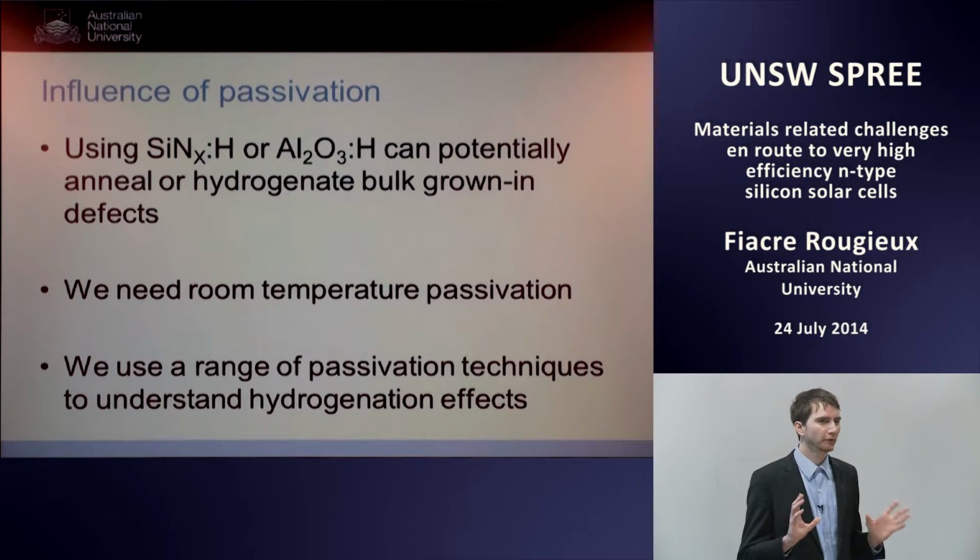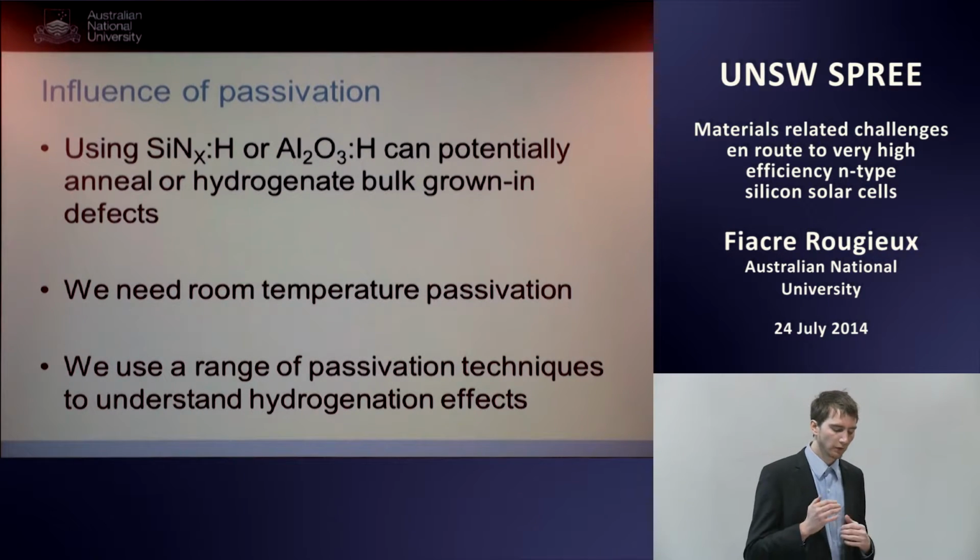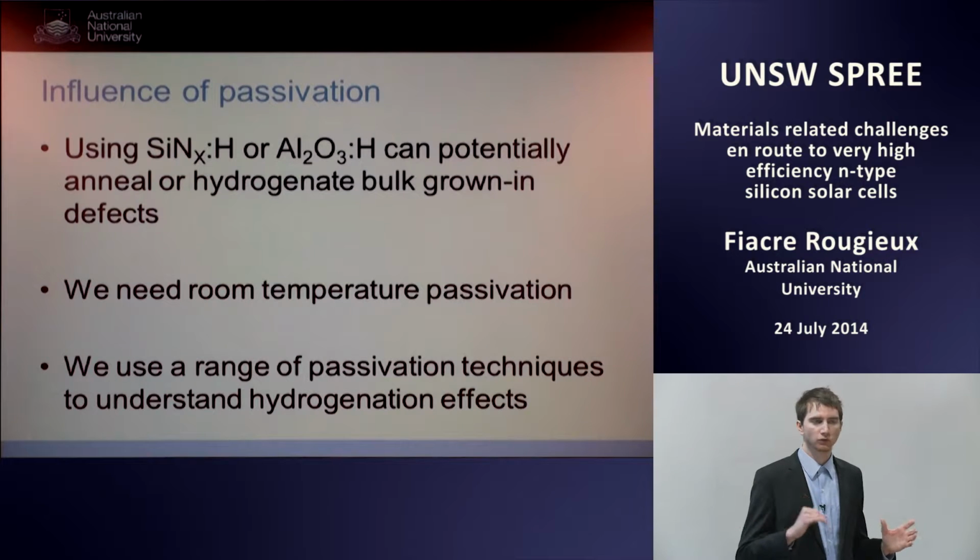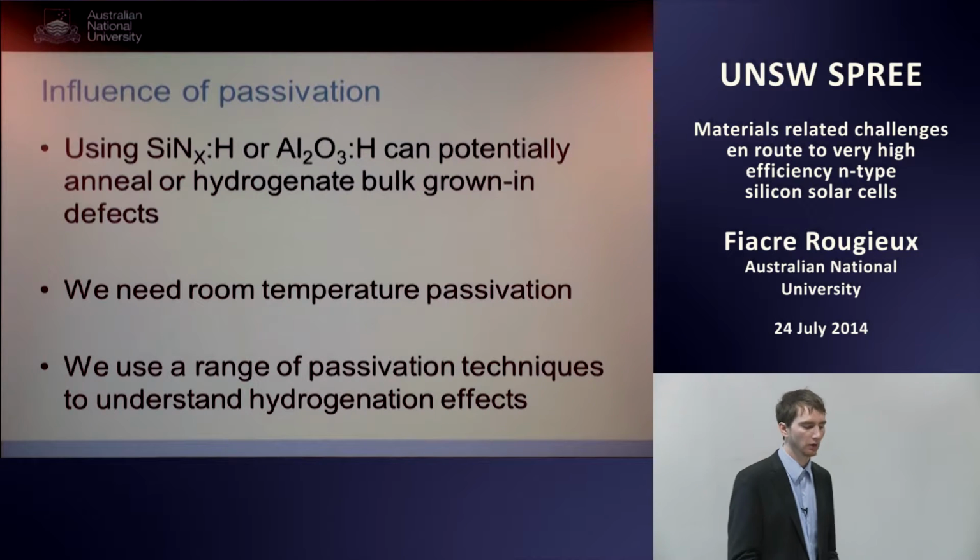So we have to be careful where we use passivation techniques to study those defects, because potentially we're going to alter the state of the defect, transform them, or change the complexes themselves.